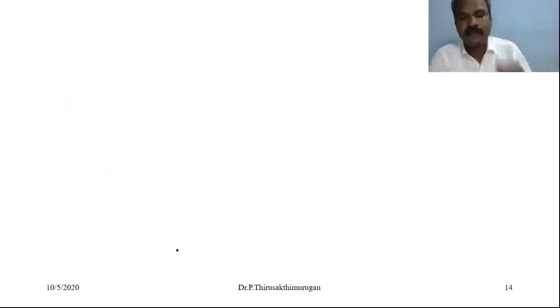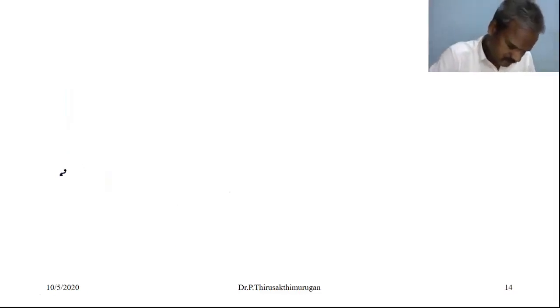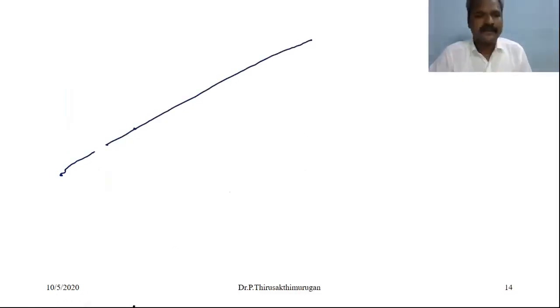Let us form a right angle triangle from this.